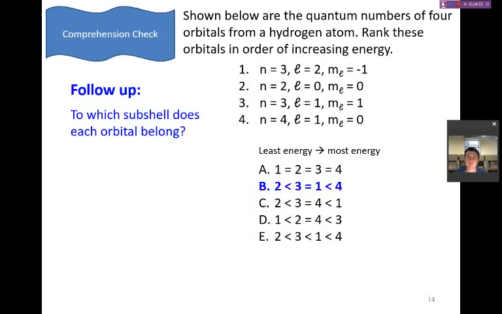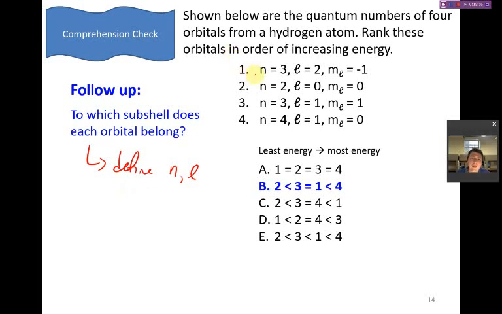A follow-up question. Which subshell does each of these belong to? Well, remember, to designate the subshell, we have to define the n and L value. So go ahead and try that. Welcome back.